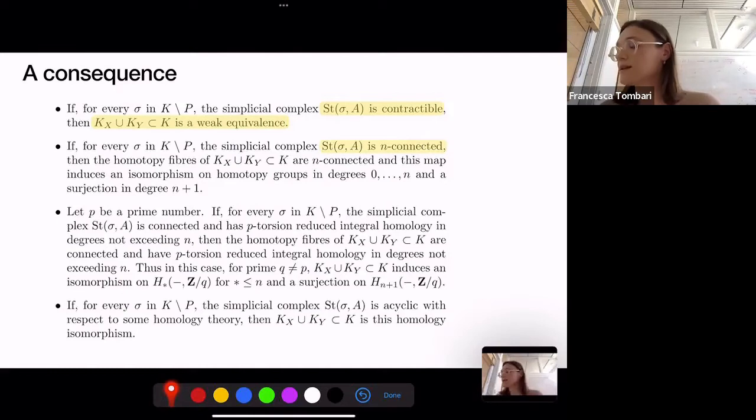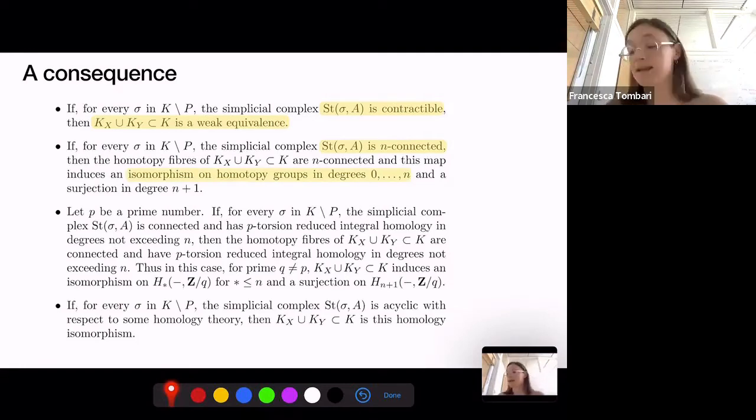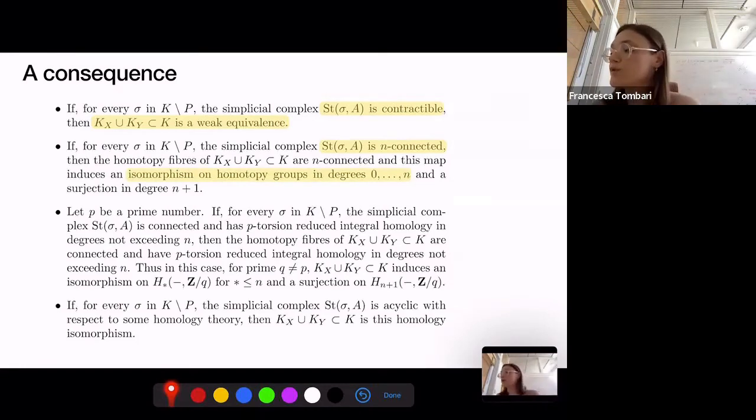Or let's say that the obstruction complexes are n-connected, then also are the homotopy fibers, and then the inclusion map induces an isomorphism on homotopy groups up to degree n and a surjection in degree n+1. So maybe they are not homotopy equivalent, but still we can say something about their homotopy groups.